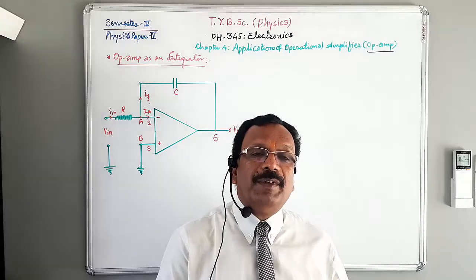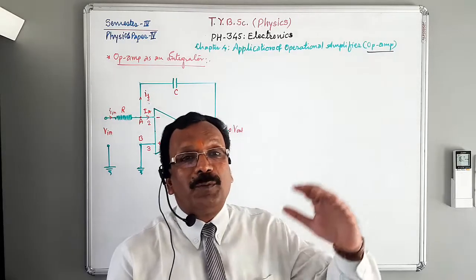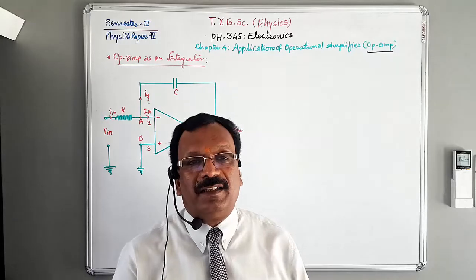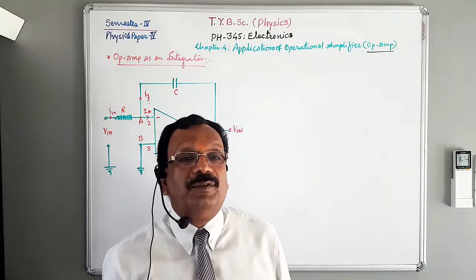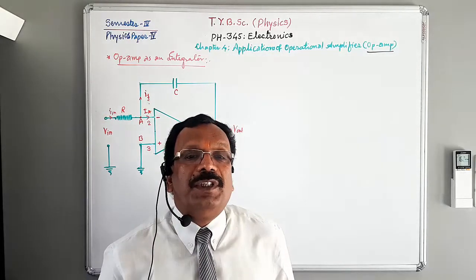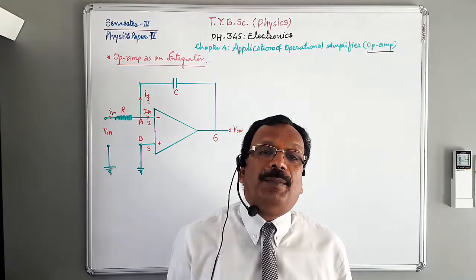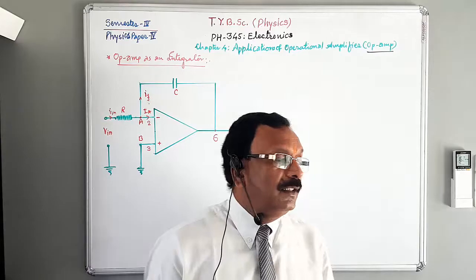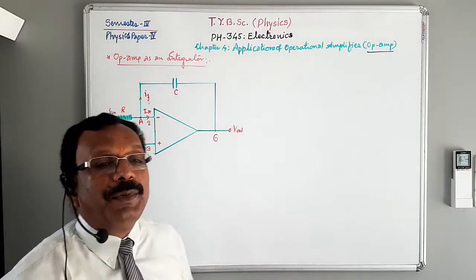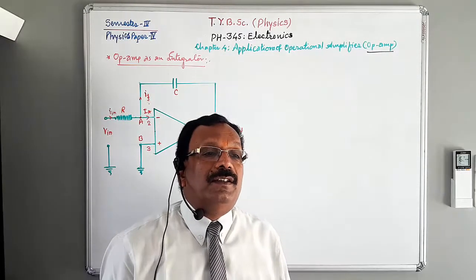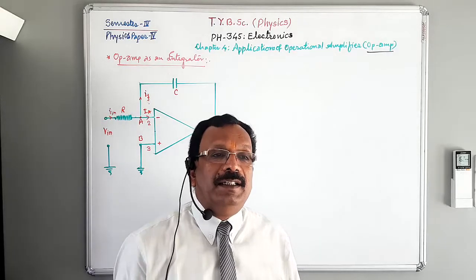And I told you in the previous lecture that the remaining part of that syllabus will be considered here. So here we are going to see one of the most important applications of an op-amp, that is nothing but an op-amp as an integrator. This figure illustrates op-amp as an integrator.